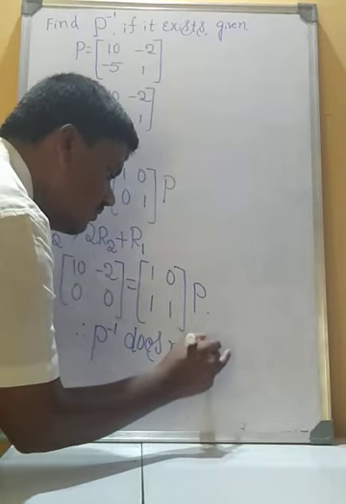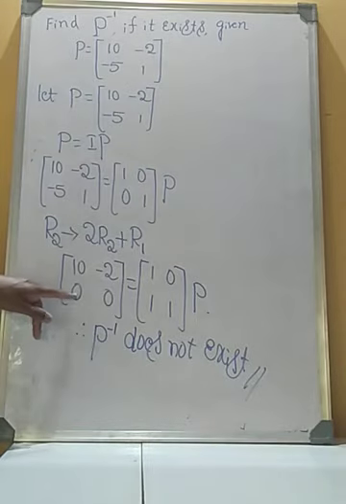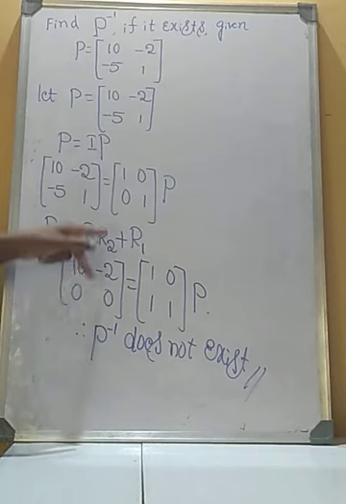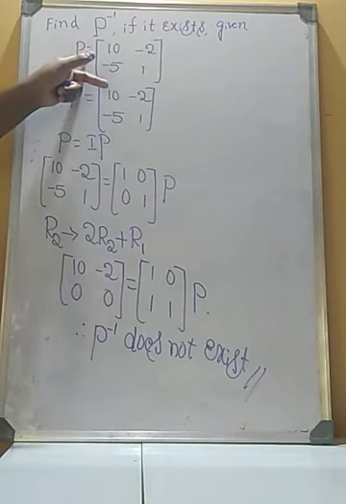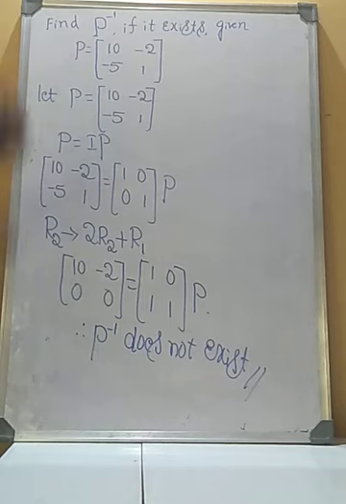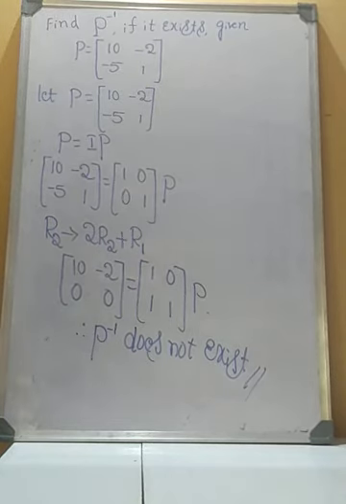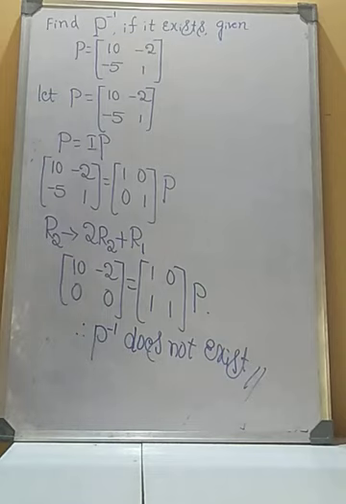If such a case comes, where the second row or first row or first column or second column is all zeros, then the inverse of the given matrix does not exist. Stop. The next example, same type, one more example.